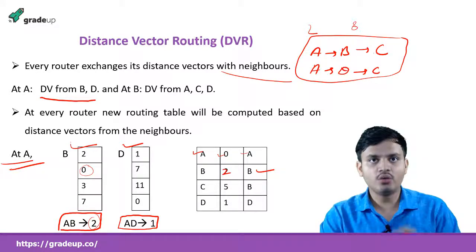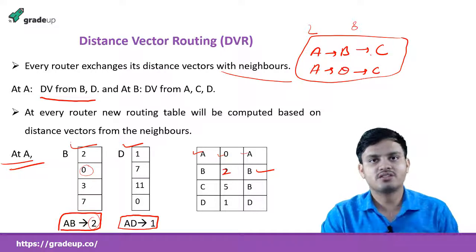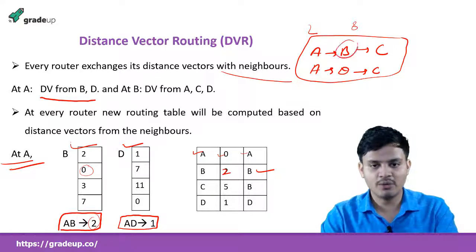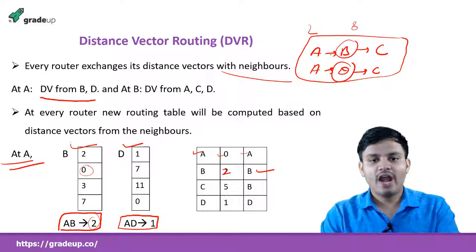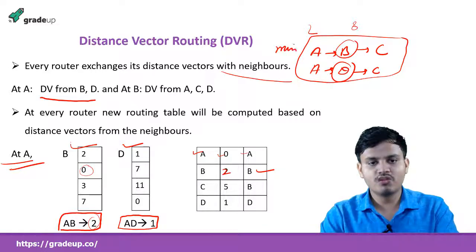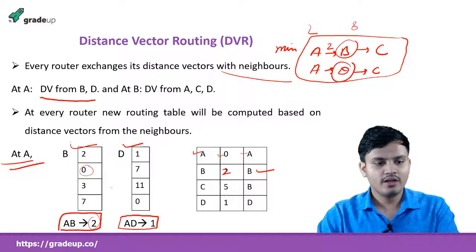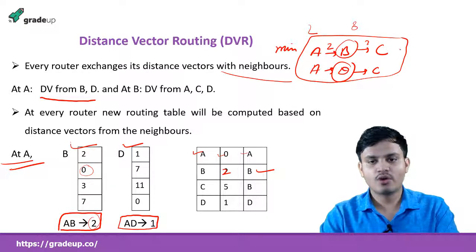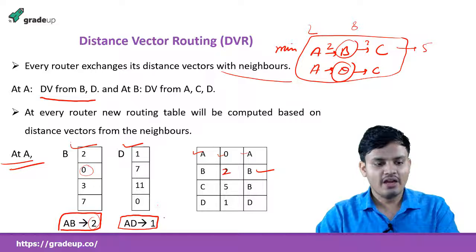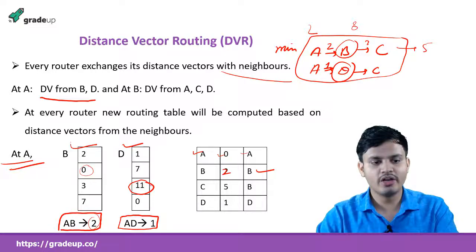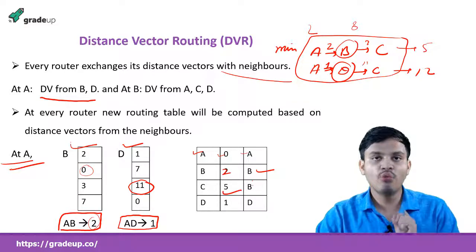To reach C, we are including one intermediate vertex, which may be B or D. A to B is 2, B to C is 3, so the total will be 5. A to D is 1, and D to C is 11, so it is 12. Which one of them is minimum? You write it here: 5 is minimum, and you get it when you go through B.